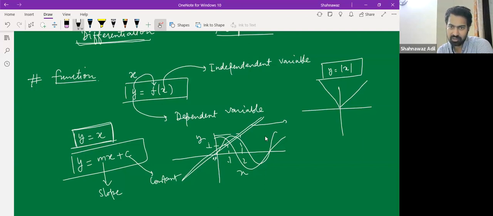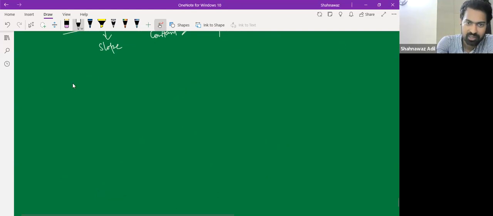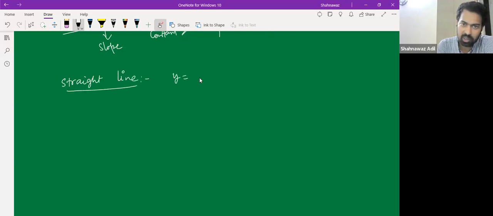This is the constant function, right? Okay, so forget about that. So the straight line is represented by y equals mx plus c.